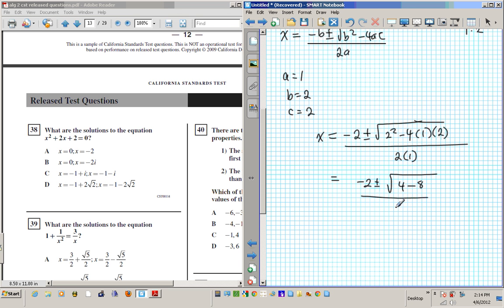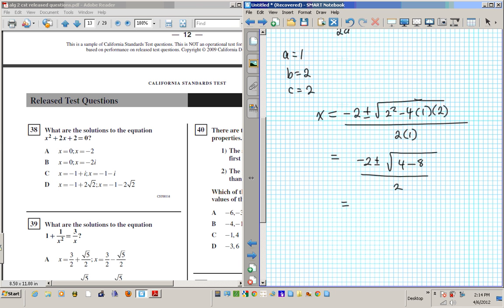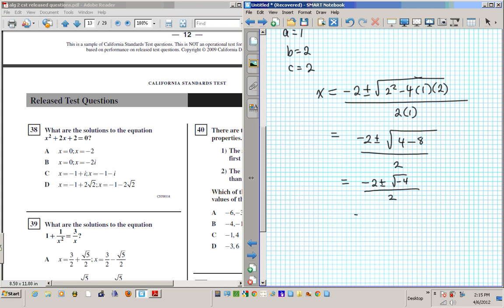over 2. Okay? Now let's continue going. Minus 2 plus or minus the square root of 4 minus 8, which is negative 4, over 2. So this now becomes minus 2 plus or minus, what is the square root of a negative? The square root of negative is i, and the square root of 4 is 2, so this is going to become 2i. Don't forget that i part.